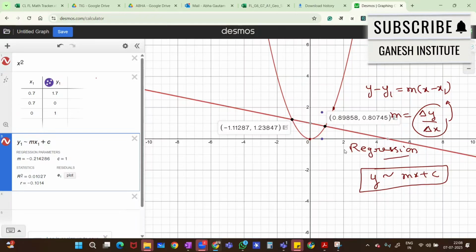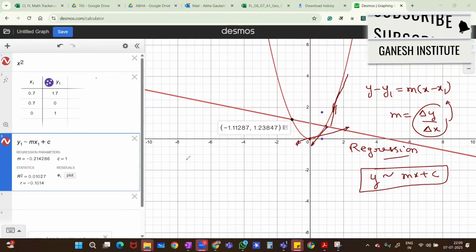So for those, you can use regression and see the chord and the tangent. You choose any point. You will see if I'm choosing this and make a line, it will go here. Right. So the tangent will always be below the graph, right? If it is a tangent, it will be below the graph, not above.